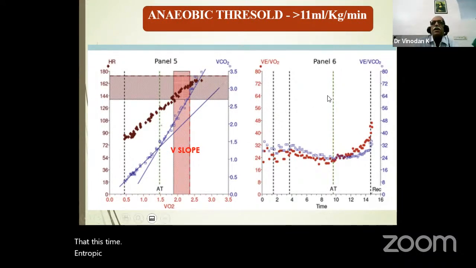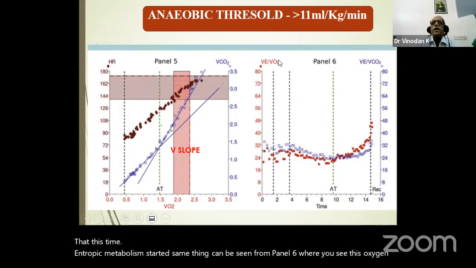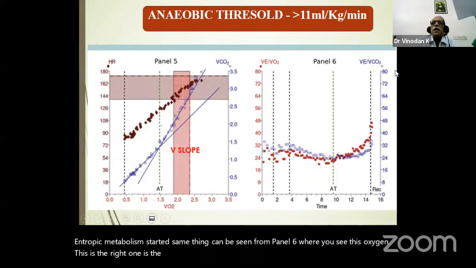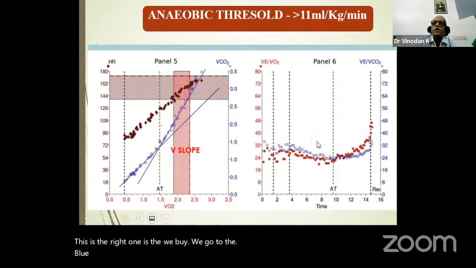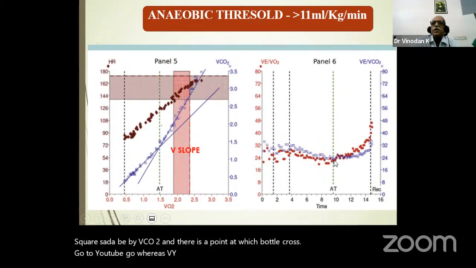The same thing can be seen from panel 6. The red one is the V by VO2, and the blue squares are the V by VCO2. There is a point at which both will cross. The V by VO2 will go up, whereas the V by VCO2 will remain the same.